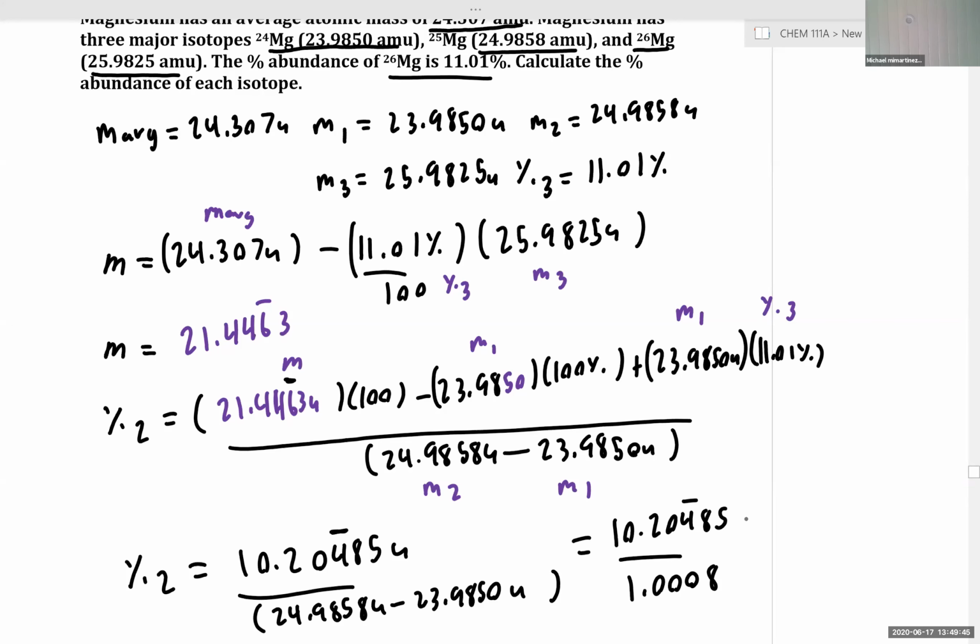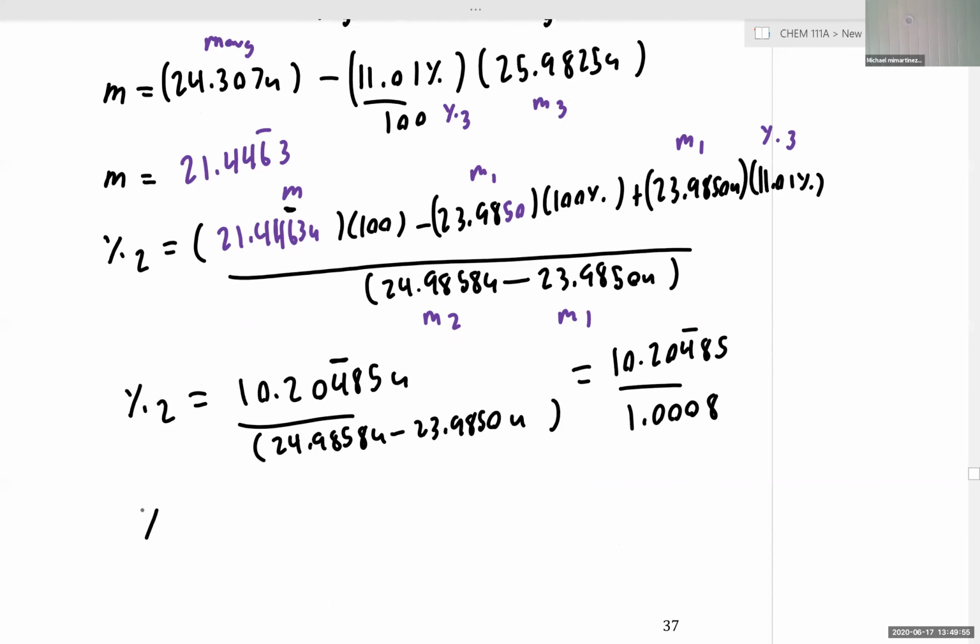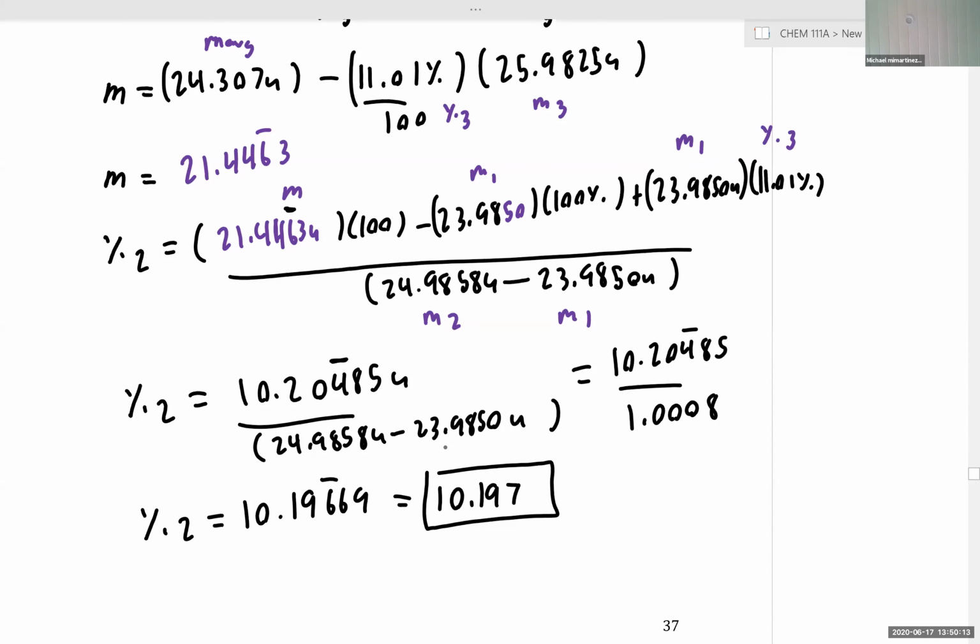And if we punch that into our calculator, we in turn get a percent abundance of isotope 2 of 10.19669 that we round to 10.197 following sig fig rules. Let's just check. Yep. 3.